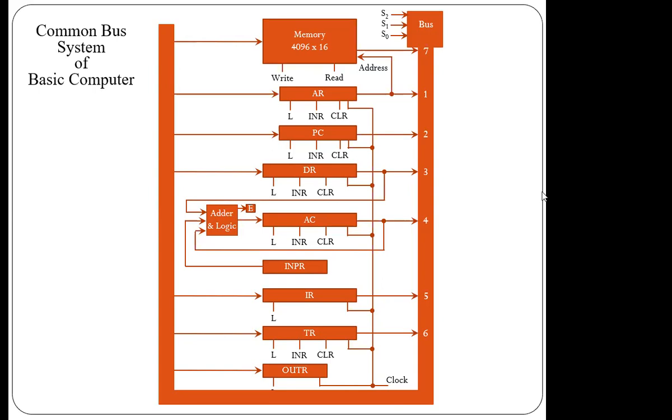Now the concept is how the registers read the data which is written over the bus, right? You can see that every register has an L input. L stands for load. So a register will read the data by enabling the load input.